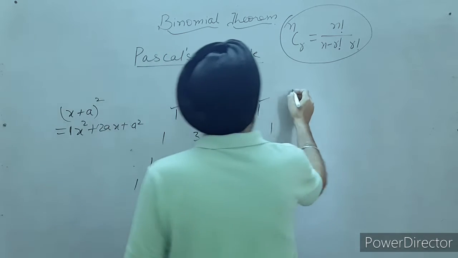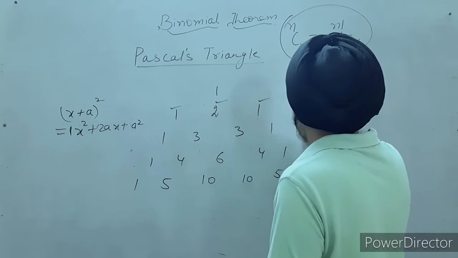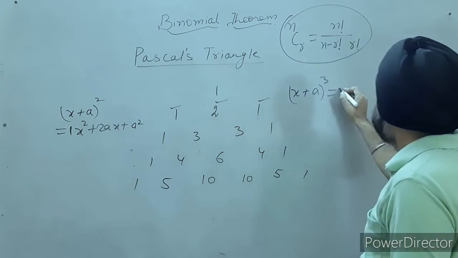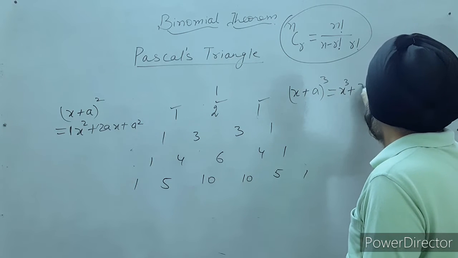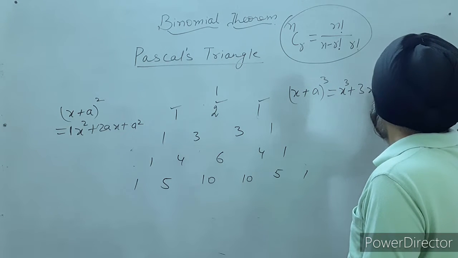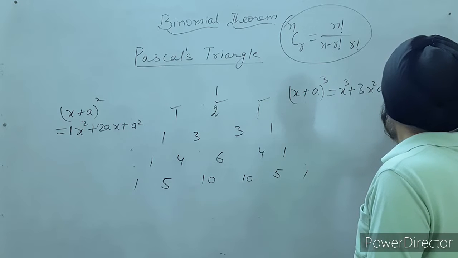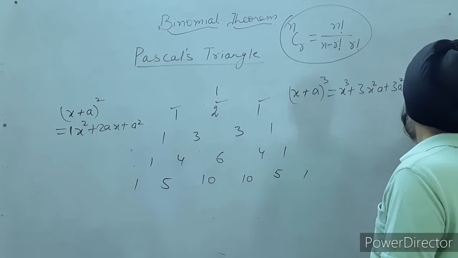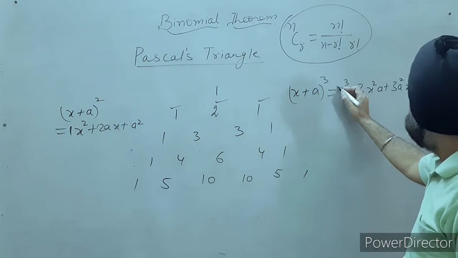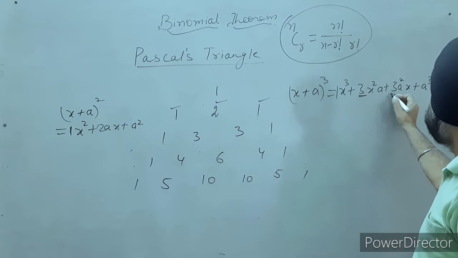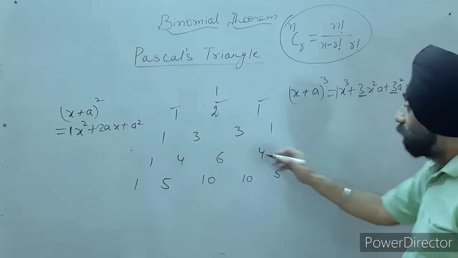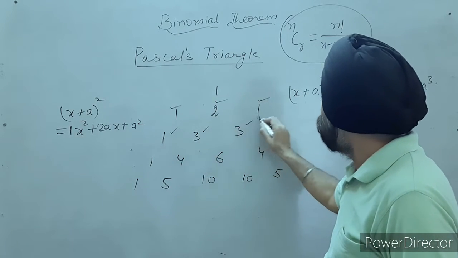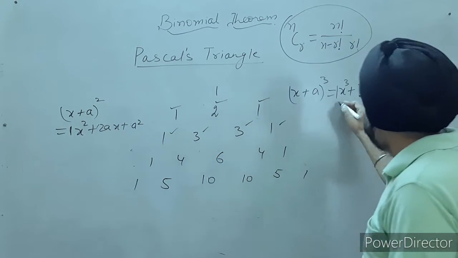Similarly, when I expanded x plus a whole cube, I got x cube plus 3 a square b plus 3 a b square plus b cube. Now what were the coefficients? 1 3 3 1.